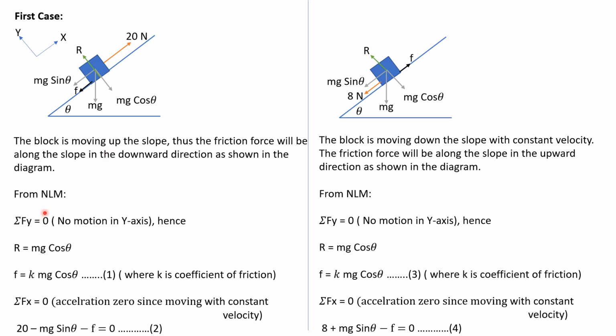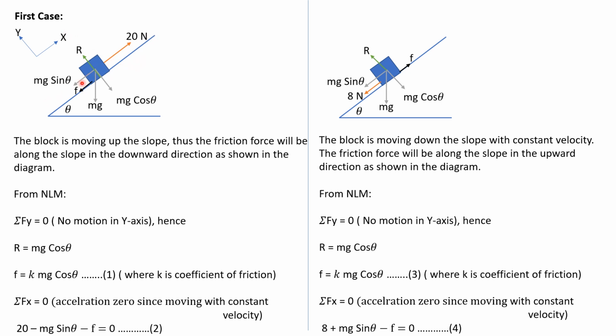So from Newton's laws of motion, we have taken the direction perpendicular to the slope as the y-axis and parallel to the slope as the x-axis. The summation of net force in the y direction is equal to 0 because there is no motion perpendicular to the slope.